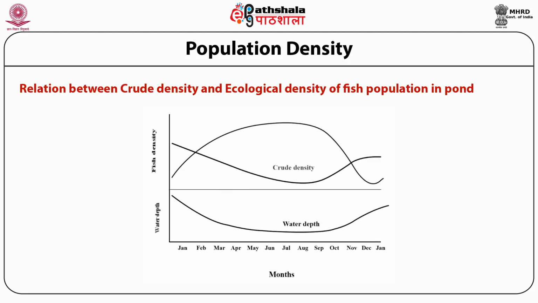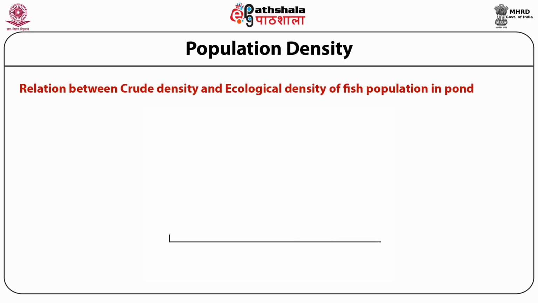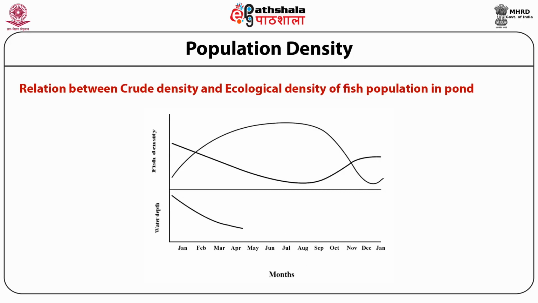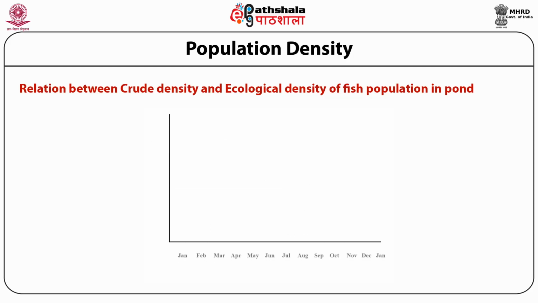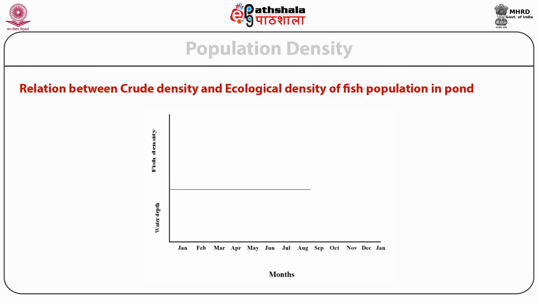It becomes very easy for the predatory birds to catch fishes at this time of the year, as the ecological density of the fish is at its peak, which you can see in the graph that is shown.